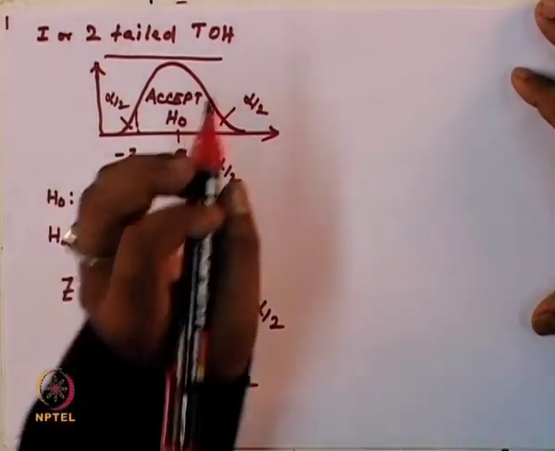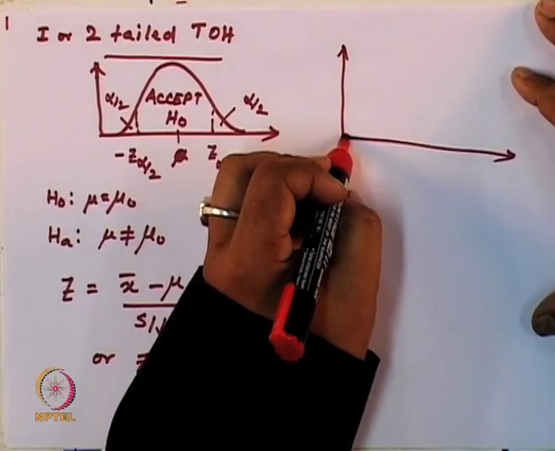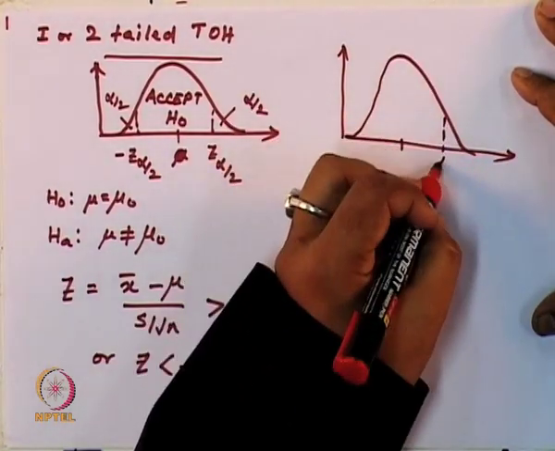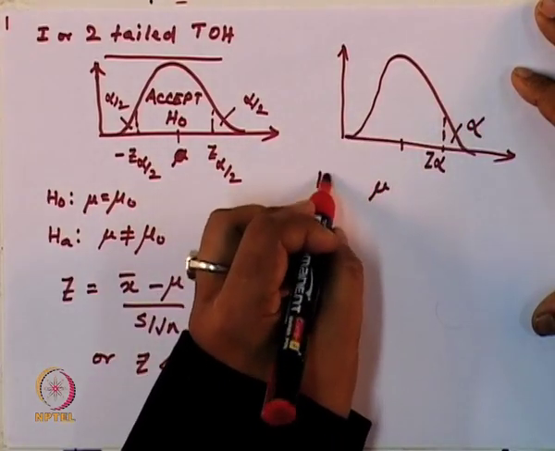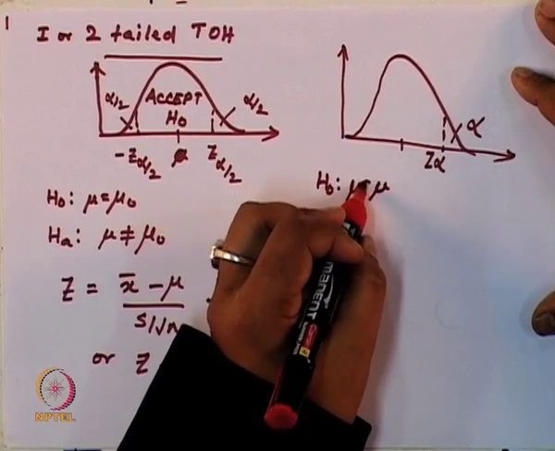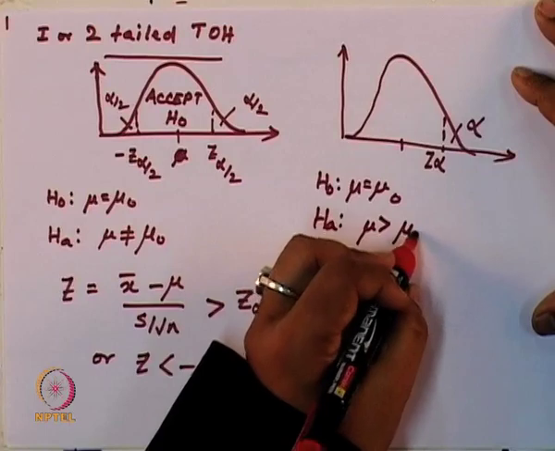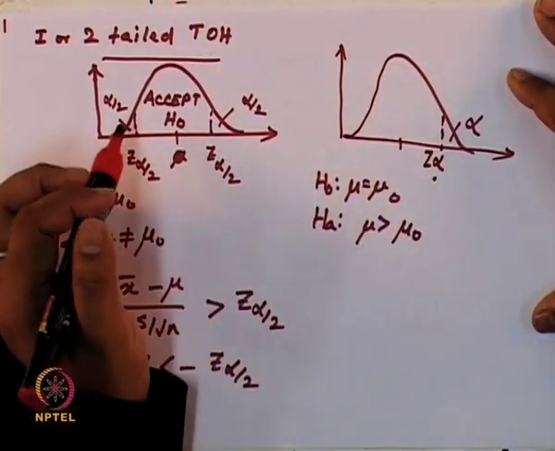And for a single-tailed test of hypothesis, you are interested in knowing whether, with H naught being mu equal to mu naught, the alternative hypothesis is mu greater than mu naught. So, you want to know whether this value is greater than the confidence limit.